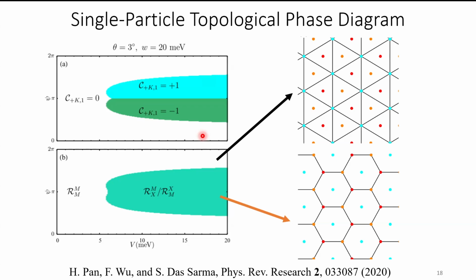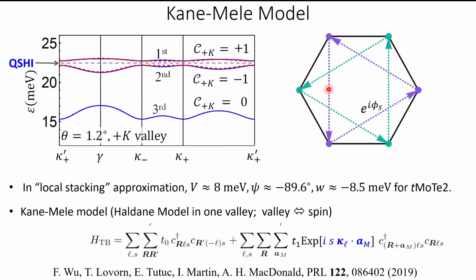The effective lattice is a honeycomb lattice, but in the topologically trivial regime, the effective lattice is triangular. So the geometry of the potential plays a crucial role here. In our initial estimation, we find that the parameters fall into the topological regime.